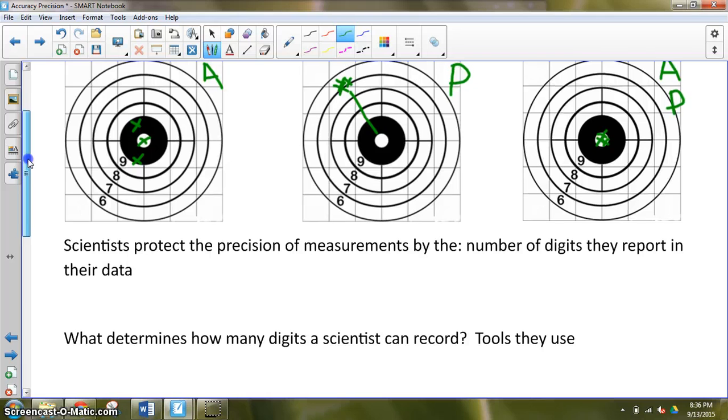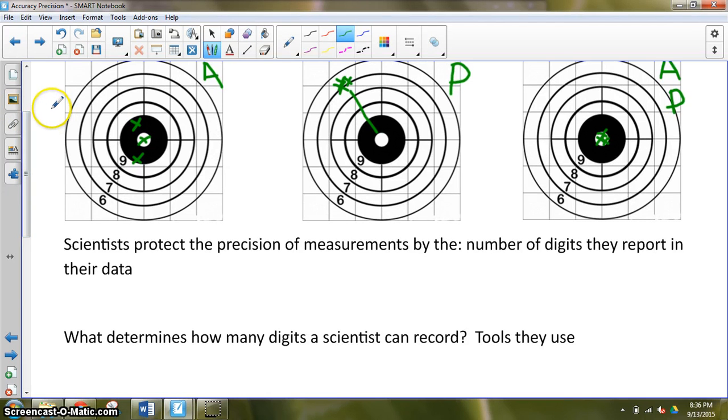When we think of that in a scientific experiment, we want to be as precise as possible when we do our measurements. In order to show correctly what precision they have, we are limited by how many digits we state in our answer.